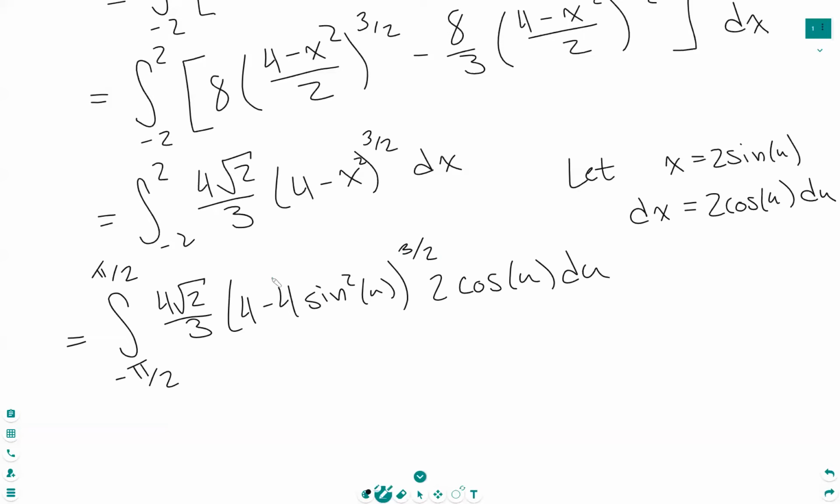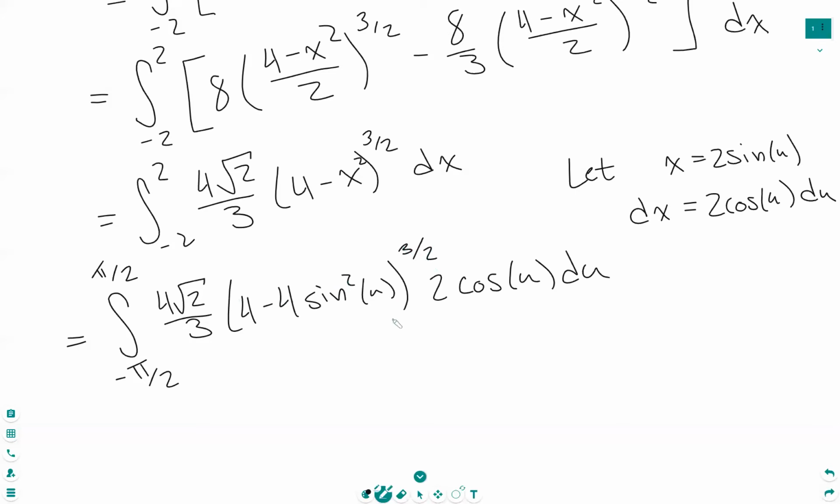So when you do that substitution, notice here we can take advantage of the fact that sine squared plus cosine squared is equal to 1. So you can factor out a 4, and then this is 1 minus sine squared, which in fact is just cosine squared. Then we take the square root and then cube it.